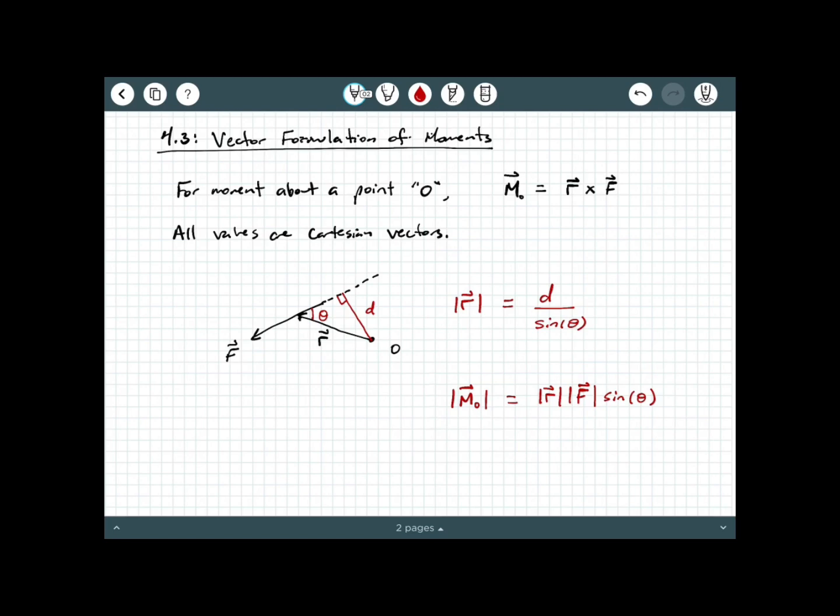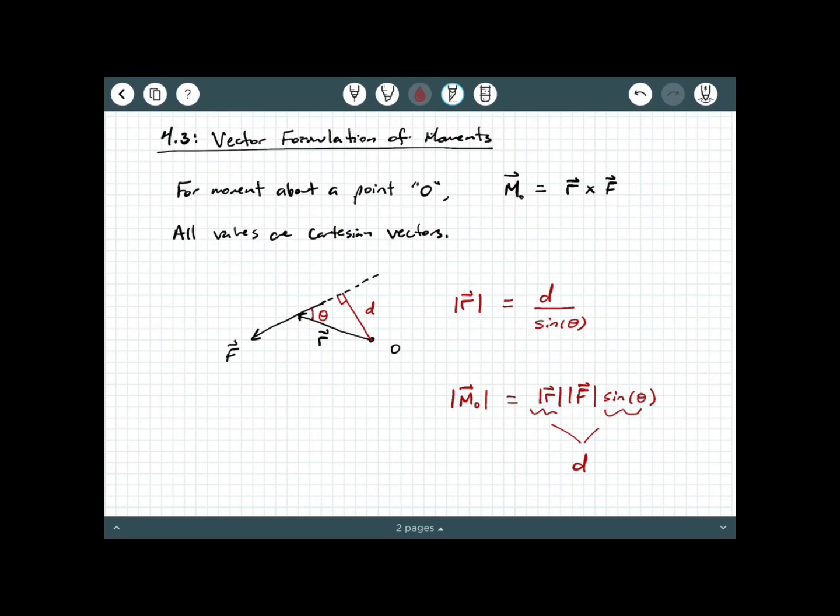And again, the r and sine theta together make up d, and d is that perpendicular distance. And you see how this sine theta, if we cross multiplied it up here, we would get d equals r sine theta. All right, so that's the beauty of the vector formulation.